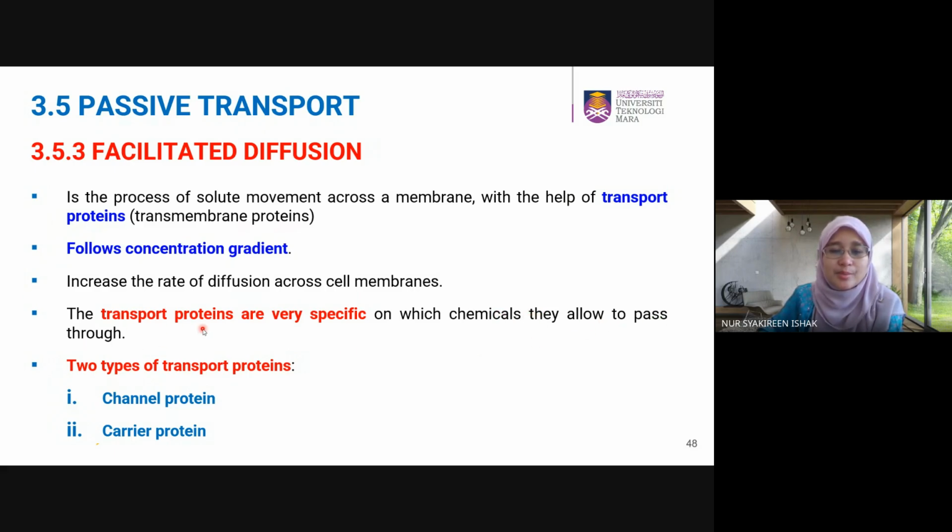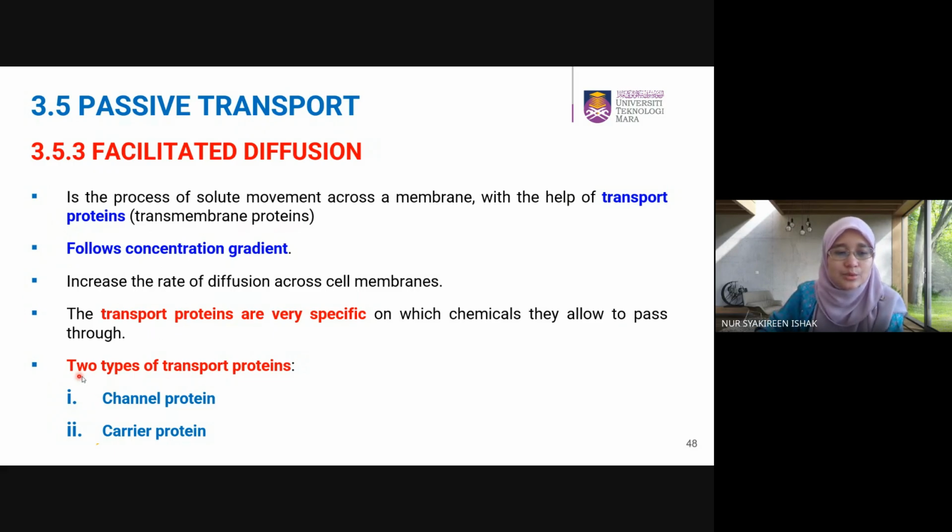So every transport protein is specific to the solute that it is going to move. Okay, very specific. So for the movement of water, for example, it requires aquaporin. So no other molecule can use the aquaporin to move across the membrane. So every transport protein is specific for the solute that it is going to move.